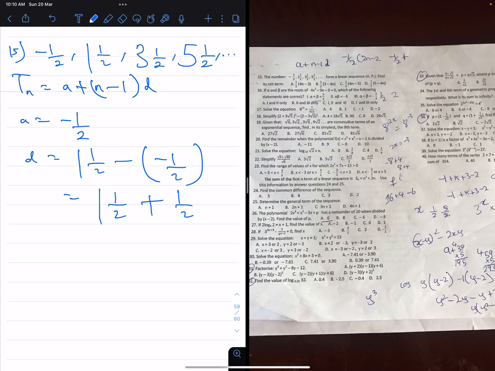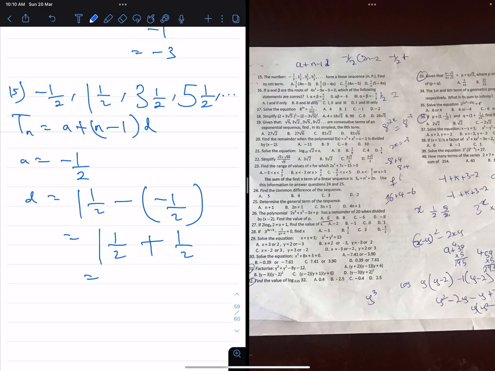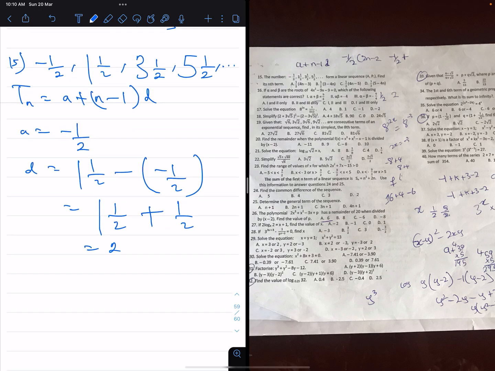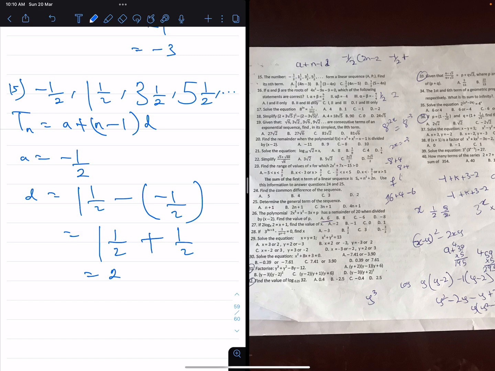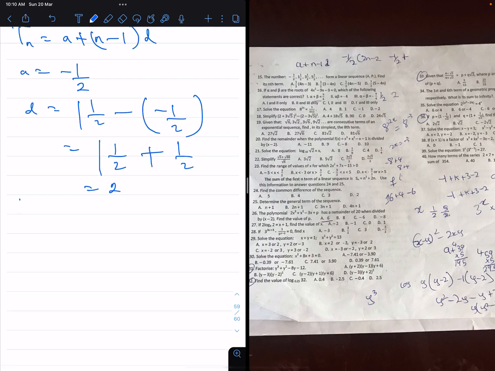It's supposed to be 1.5 minus minus half, which becomes 1.5 plus half. What's that? 2. Why were you saying minus 1? Well, that's a mistake. 3.5 minus 1.5 is 2. The common difference is 2.